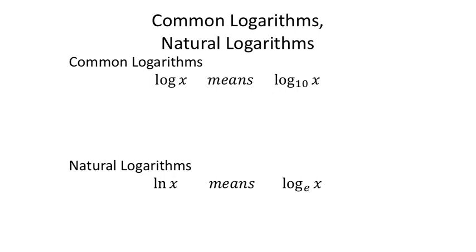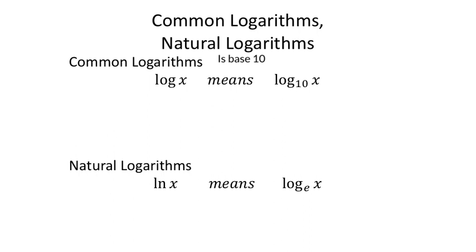So common logs, natural logs. Common logs, right here. Again, it's just a change in format. A common log like this, which is the button we've been using on the calculator, means it's base 10. Common logarithms are base 10. Now, like we saw on that last slide, we have Euler's constant.